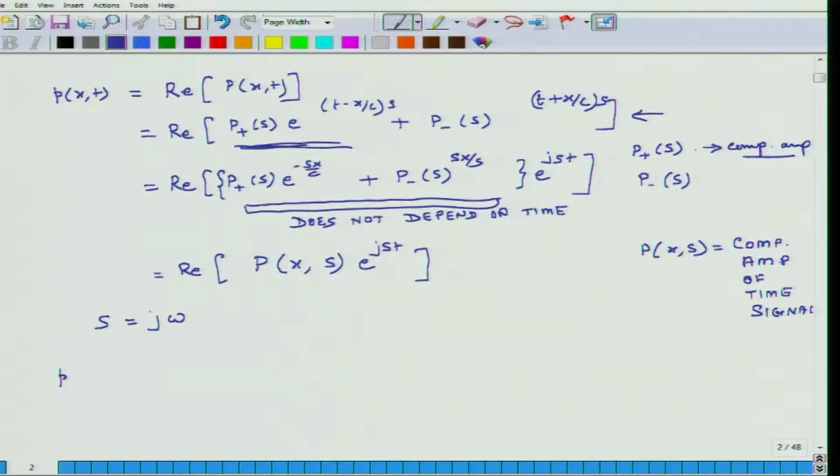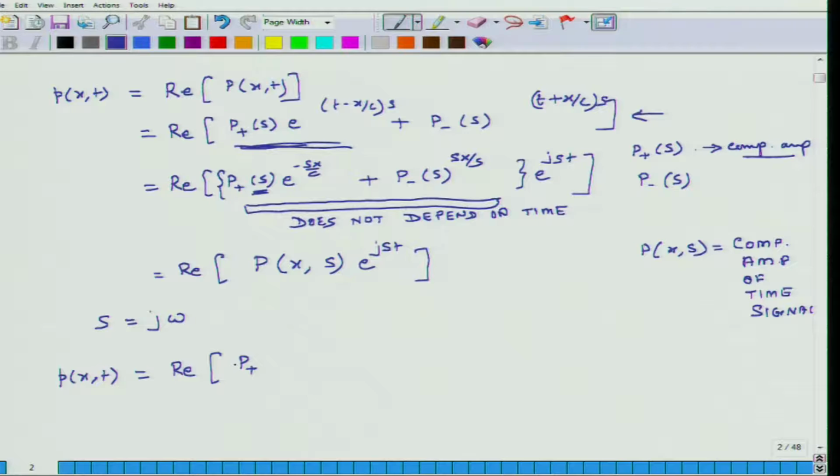So then I can write it as p of x and t equals real of p plus, and for the sake of brevity I am going to not write this s term, but we should always realize that p plus could vary with frequency.